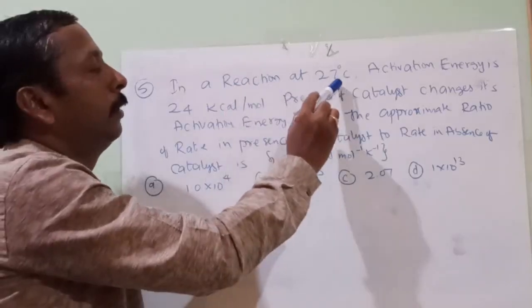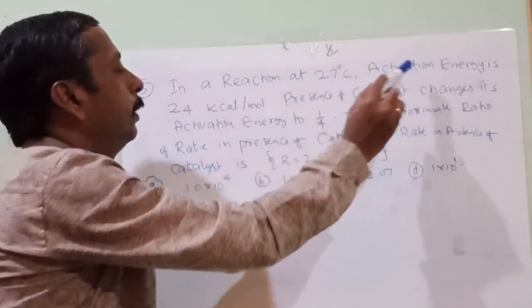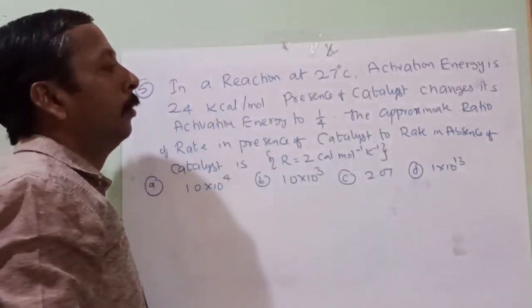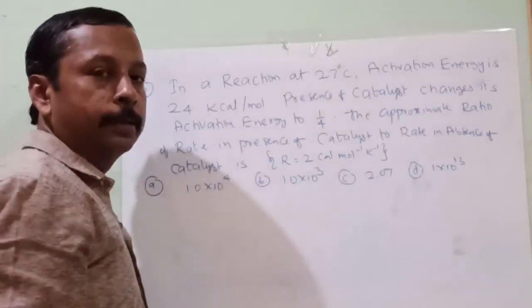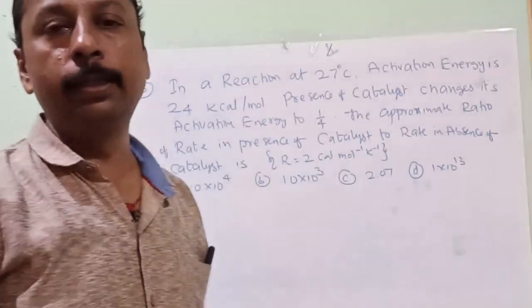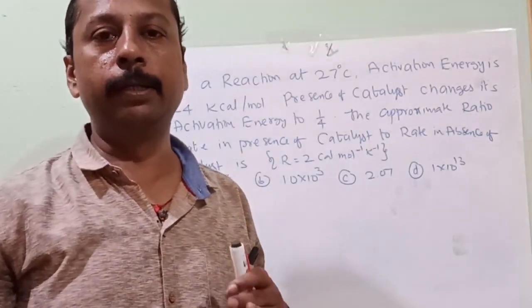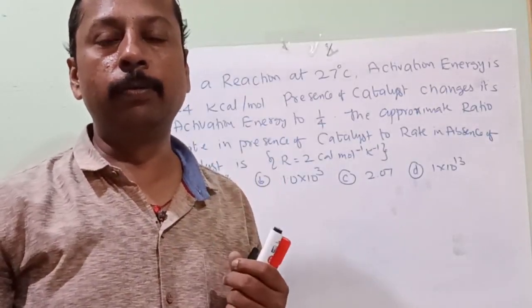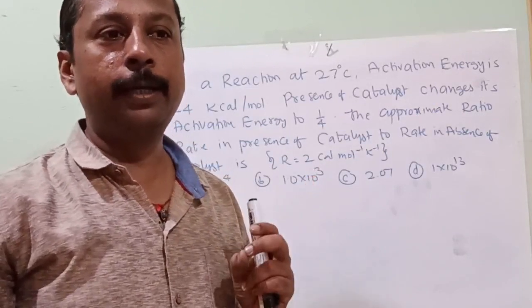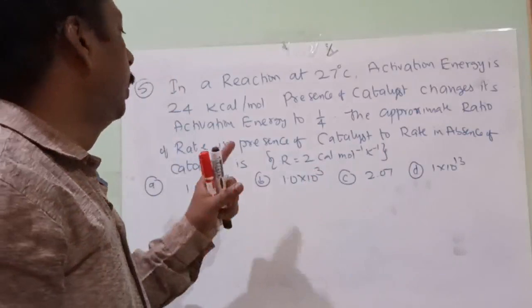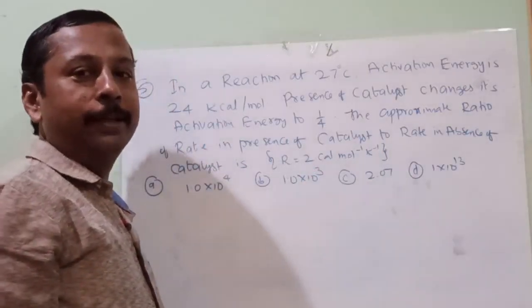In a reaction at 27 degrees Celsius, activation energy is 24. Okay, so it was before, but in the presence of a catalyst, as I told you, the catalyst increases the rate of reaction by decreasing two things: threshold energy and activation energy. But here the question is about the activation energy.